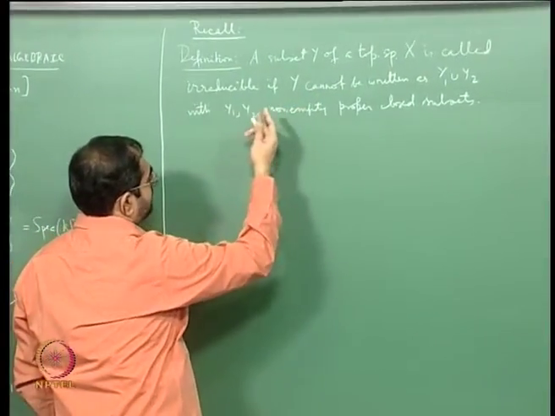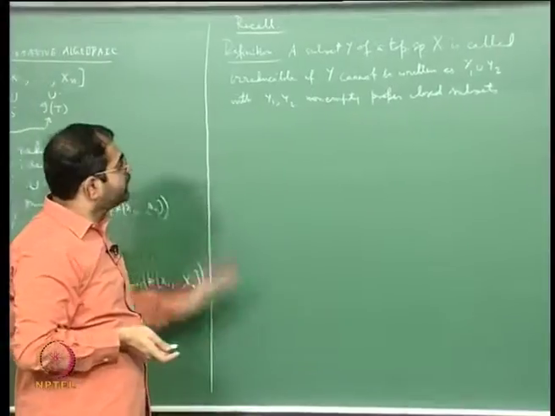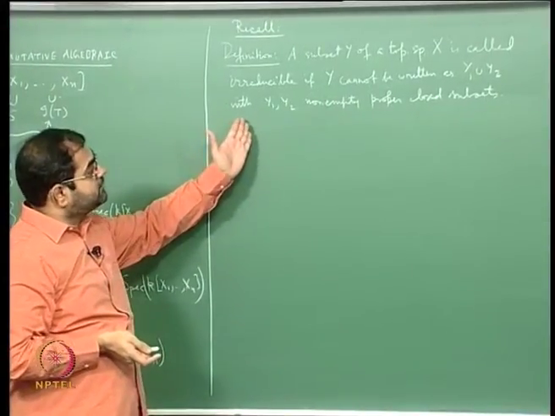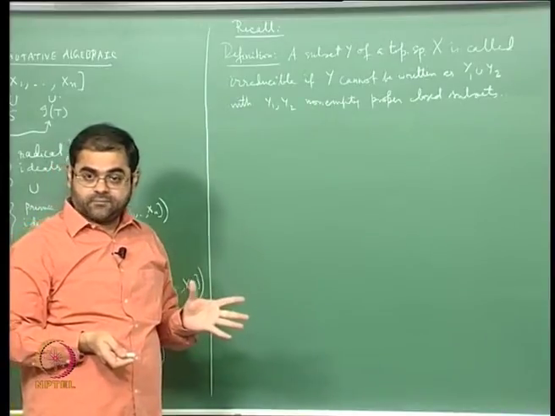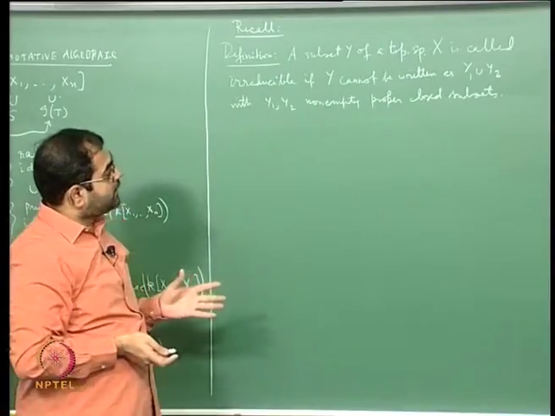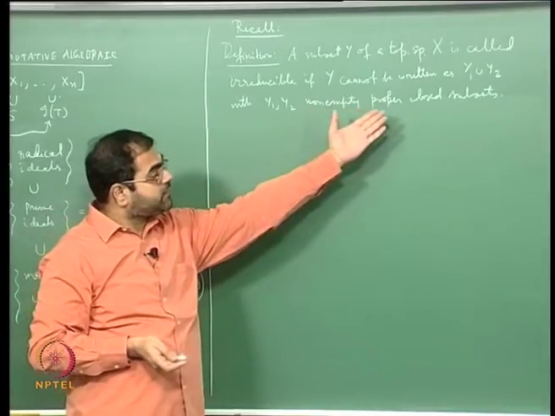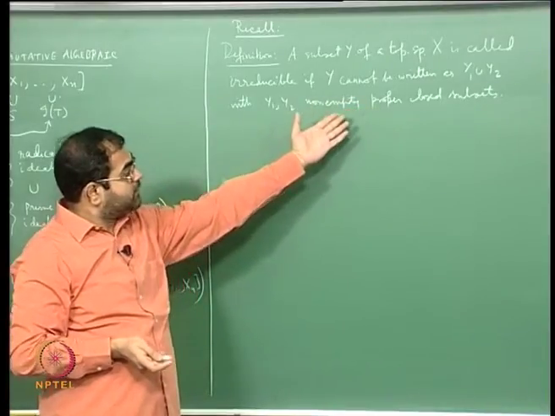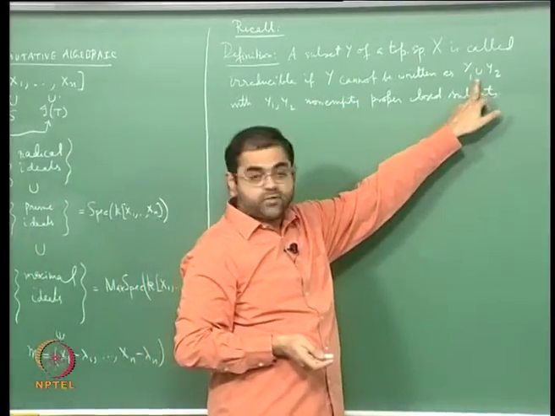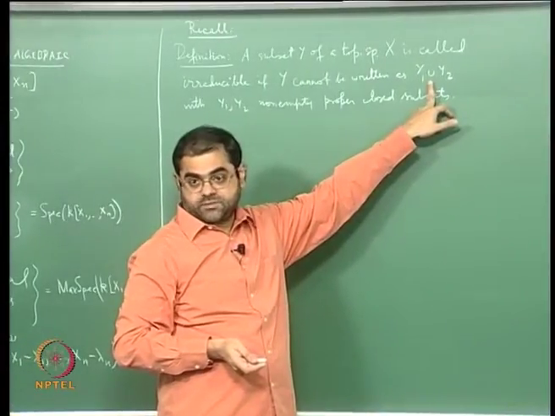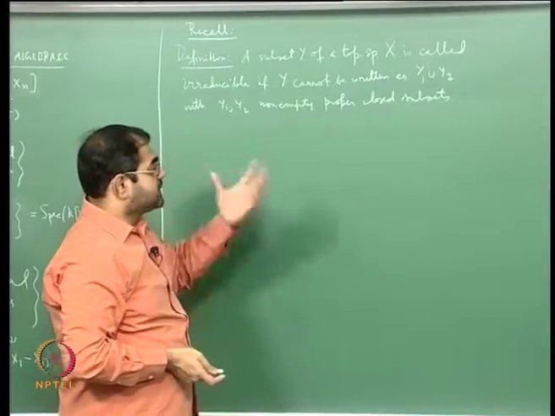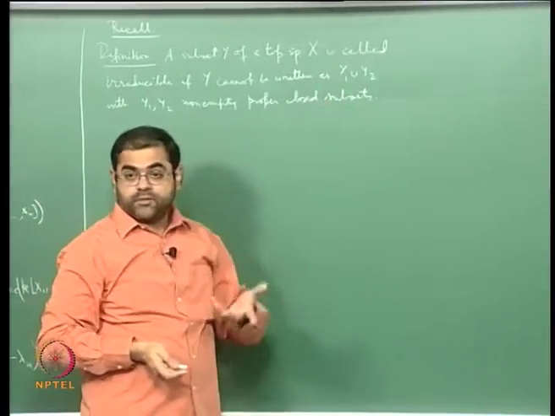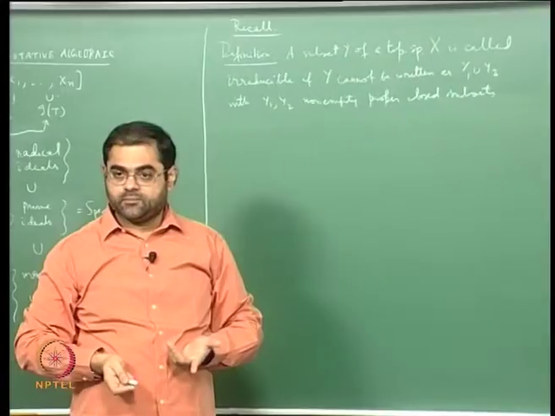Fine. So of course this definition, as I told you, implies that if Y is irreducible, then it is connected. Because for it to be connected, you should not be able to write it as a disjoint union of non-empty proper closed subsets. And that is certainly not possible if you can't even write it as a union of non-empty proper closed subsets.